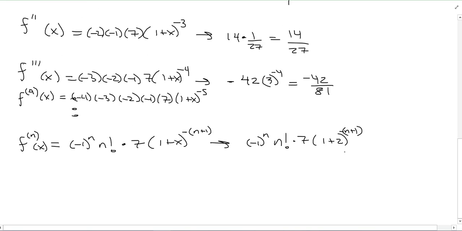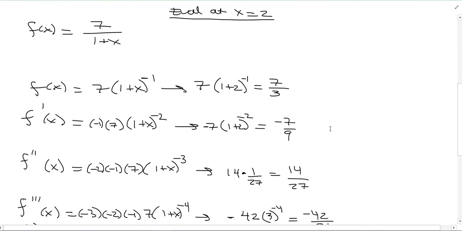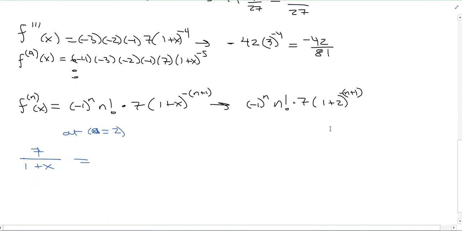All right, so now we can write out what our Taylor series for this function is. So what was our function? 7 over 1 plus x at a equals 2, the center. So this will be, let's go back to our blank, right? So we had f of 2, f prime of 2, and so on. So let me write it out.